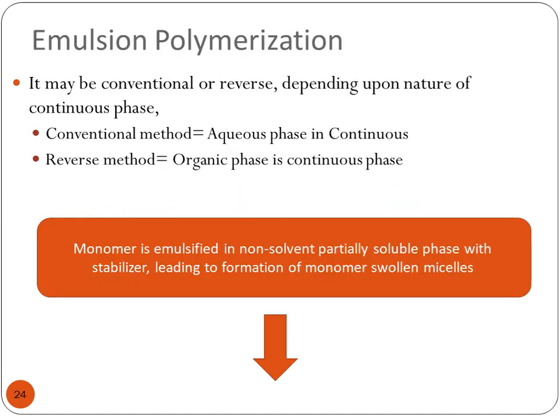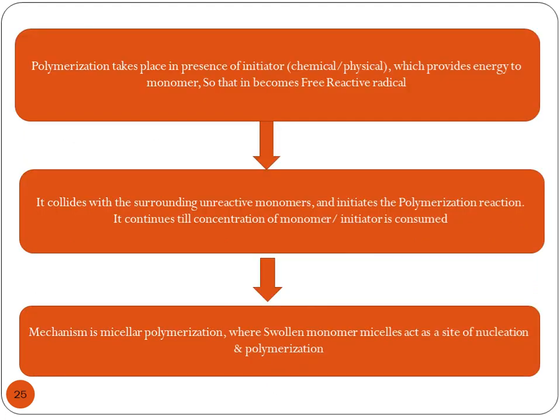Next are polymerization based methods. In this, first is emulsion polymerization. It may be conventional or reverse depending upon the nature of the continuous phase. If the conventional method is followed, then the aqueous phase is the continuous phase. If the reverse method is followed, then the organic phase is the continuous phase. First, the monomer is emulsified in a non-solvent, partially soluble phase with stabilizer. It is just dispersed in it, and monomer-swollen micelles are formed.